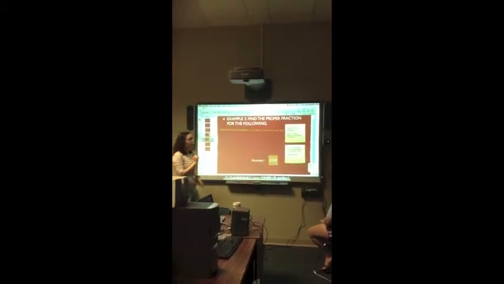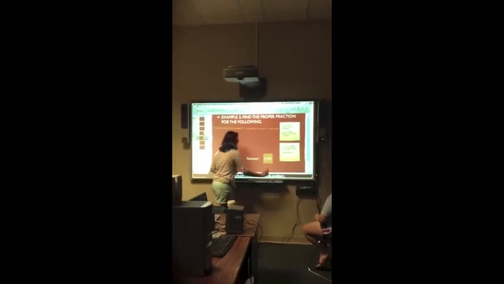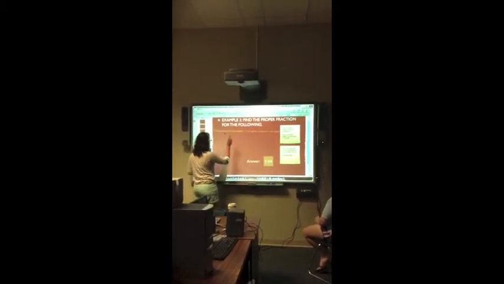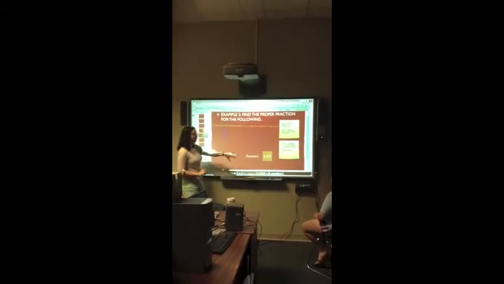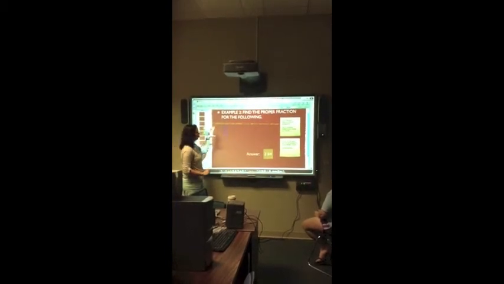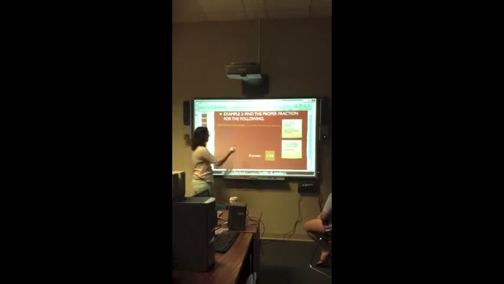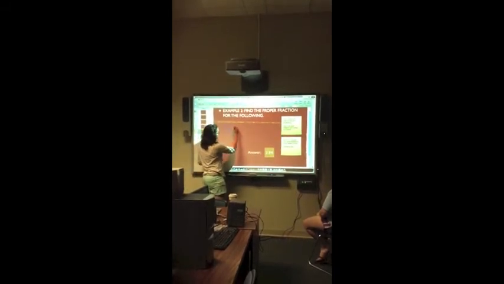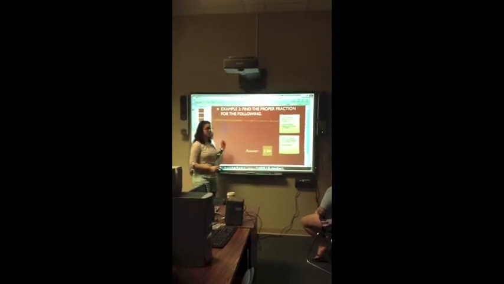So example 2, we're going to find the proper fraction for the following. Once again, I included the answer already, but we're going to look ahead and match up to make sure that we're going where we need to. So if we're at 11/4, our step 1 is to divide the numerator by the denominator.